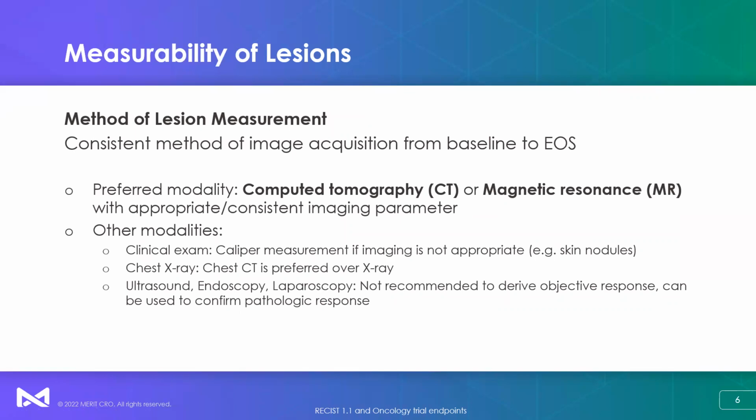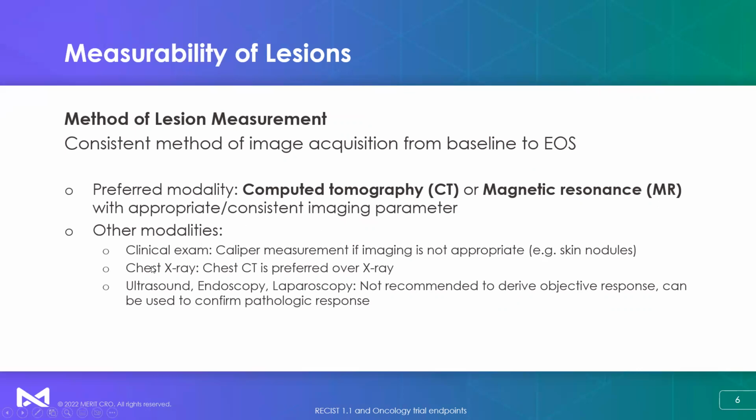Methods of lesion measurement are also recommended by RECIST 1.1, and it would be a consistent method of imaging acquisition from the baseline to the end of the study. The preferred modality recommended by RECIST 1.1 is computed tomography, and secondarily, magnetic resonance imaging is recommended, with appropriate and consistent imaging parameters kept.